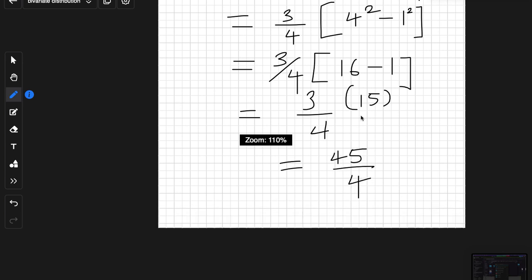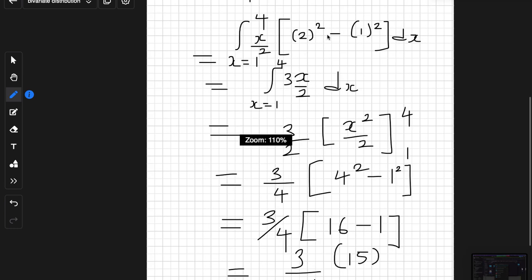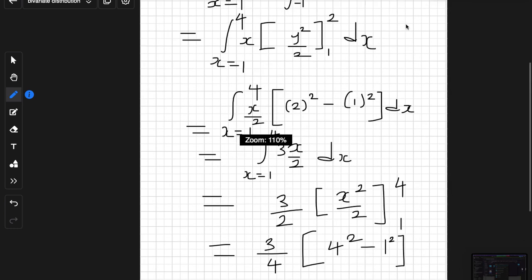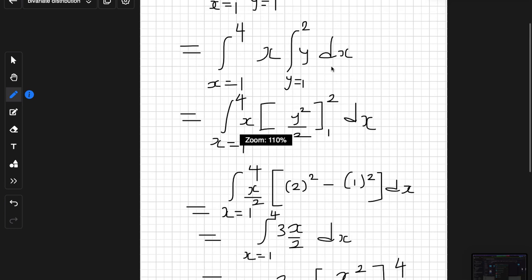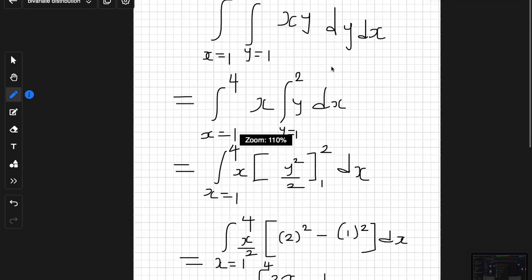So it means if you are integrating with respect to y, x will be a constant. And if you are integrating with respect to x, y will be a constant. So please take note of that.